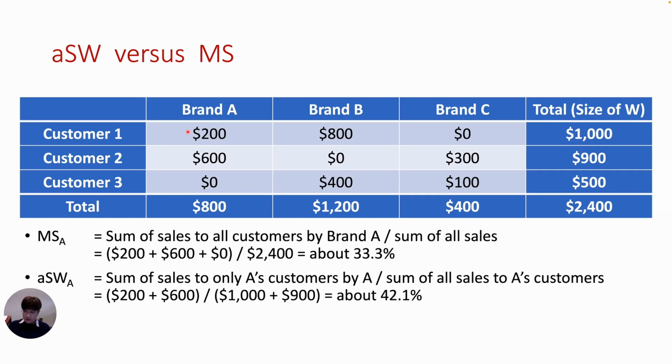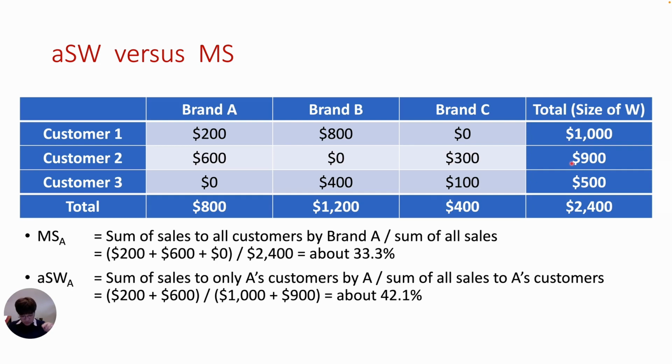This equals 200 plus 600 divided by the size of wallet of customer 1, which is $1,000, plus the size of wallet of customer 2, which is $900. So 800 divided by 1900, which is about 42.1%.